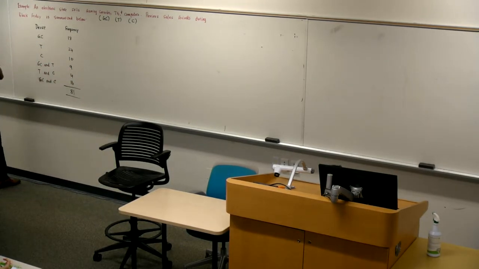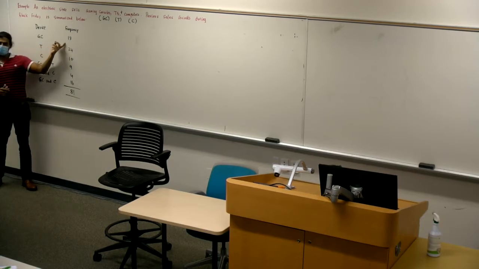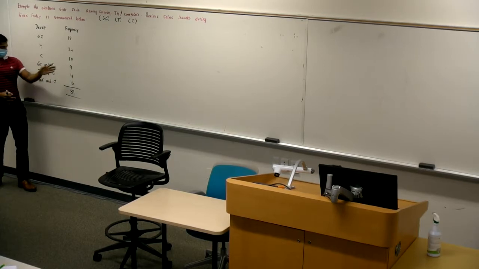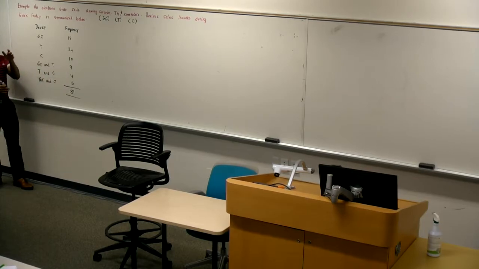A store sells gaming consoles, TVs, and computers. This is what happened during the last Black Friday. The store sold 18 gaming consoles, 24 televisions, 10 computers, and gaming consoles and televisions together, 9 people bought it.